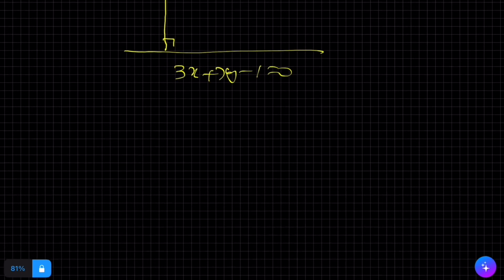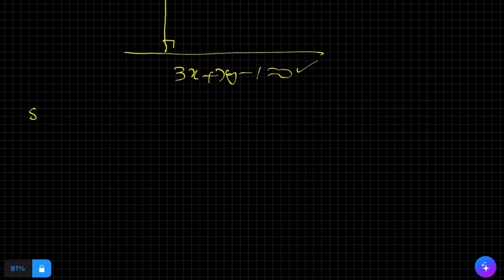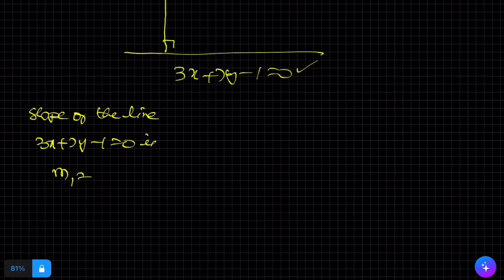So let us find the slope of the first line. Let me take m1 as the slope of the first line 3x plus 7y minus 1 equals 0. So m1 equal to minus a by b, so minus the value of a is 3 and the value of b is 7. So my slope of the first line is minus 3 by 7.